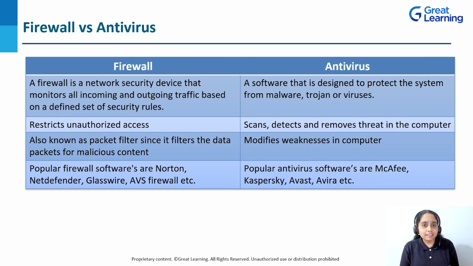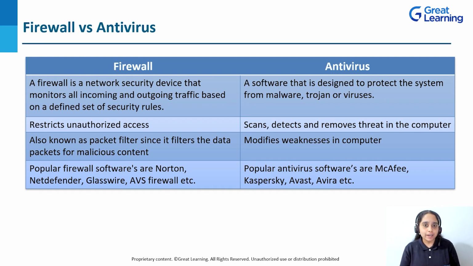All of you know that firewall is a network security device that monitors all the incoming and outgoing traffic based on a defined set of security rules. But antivirus is a software that is designed to protect the system from malware, trojan and viruses. Malware is a malicious software that gets installed into the system when the user clicks on a dangerous link or an email.